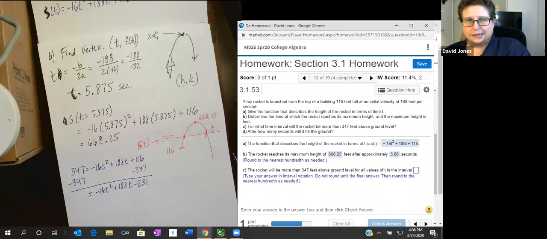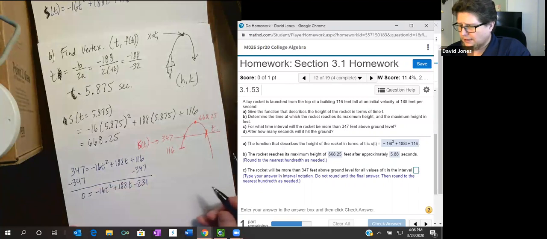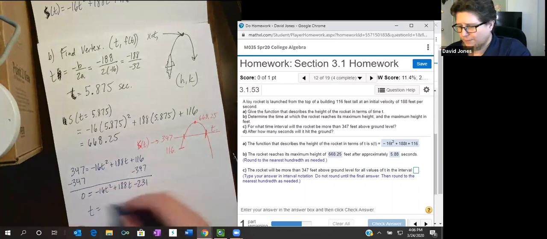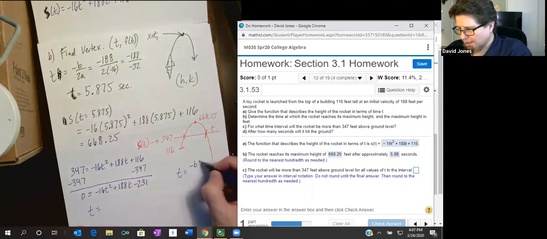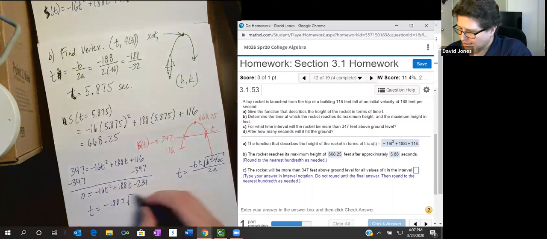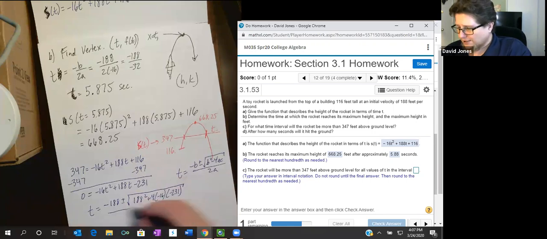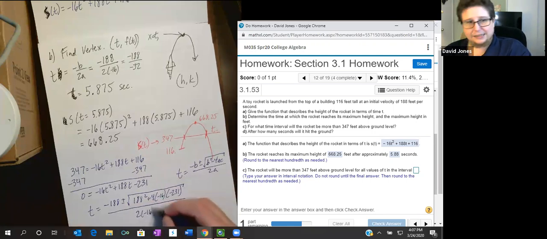That tells me it's not going to be a pretty number. So, lame. T equals negative b plus or minus the square root of b squared minus 4ac, all over 2a. I've got negative 188 plus or minus the square root of 188 squared minus 4 times negative 16 times negative 231, all over 2 times negative 16.